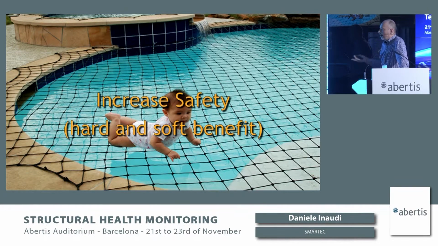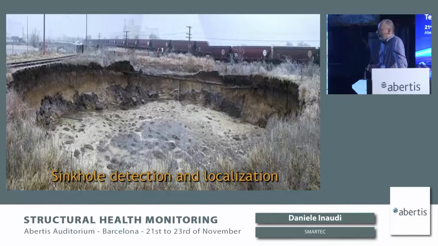Increasing safety, again, a hard and soft benefit. This is related to cases where the risk are, let's say, very low probability but high consequences, like a collapse or something that is unlikely but at the same time very detrimental or very dangerous.